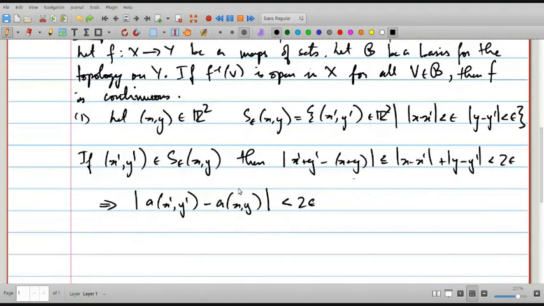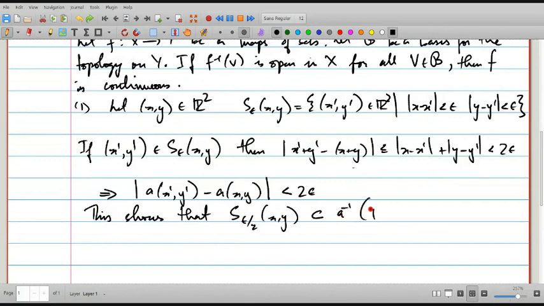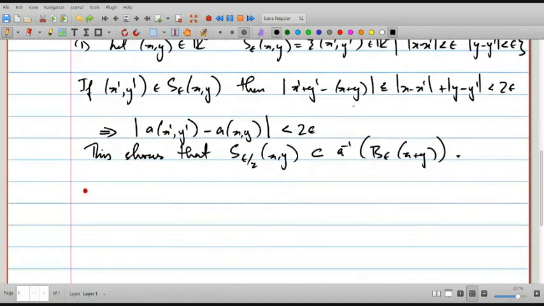So we have proved that S epsilon by 2 of (x, y) is contained in A inverse of B epsilon of x plus y. Using this observation, we shall show that the addition map is continuous.